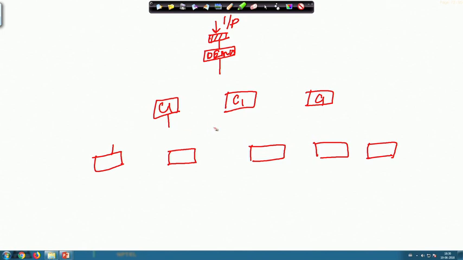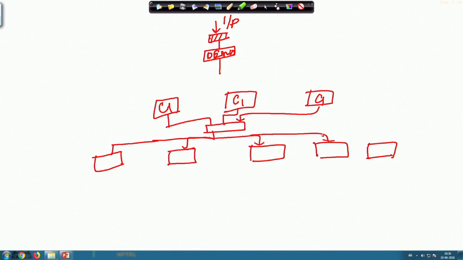This will again be connected with one of the blocks, which again needs one demultiplexer, where it is taking this and producing the corresponding path.